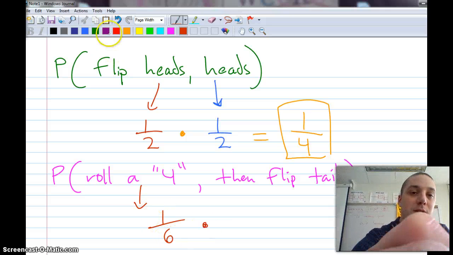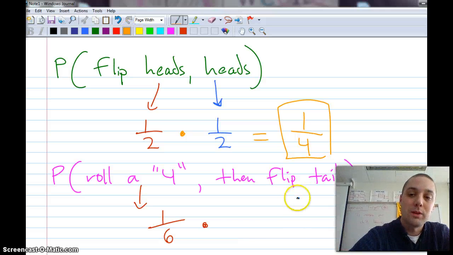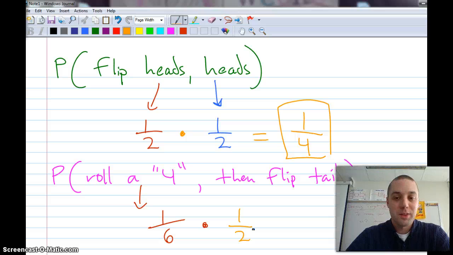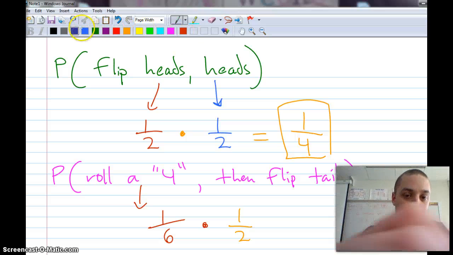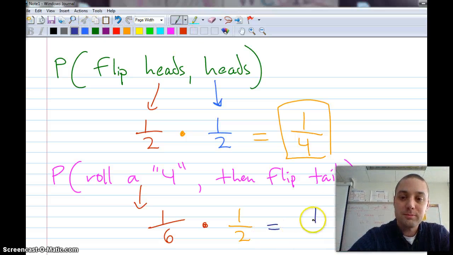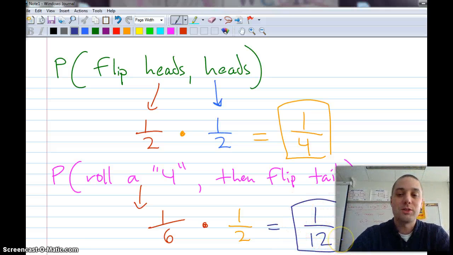Then the probability of flipping tails, well, tails is 1 out of 2 chances. And then I multiply that. 1 times 1 is 1. 6 times 2 is 12. So there'd be a 1 out of 12 chance of rolling a 4 and then flipping tails. So math pretty easy. You just calculate your probabilities, multiply them across, and then you're done.